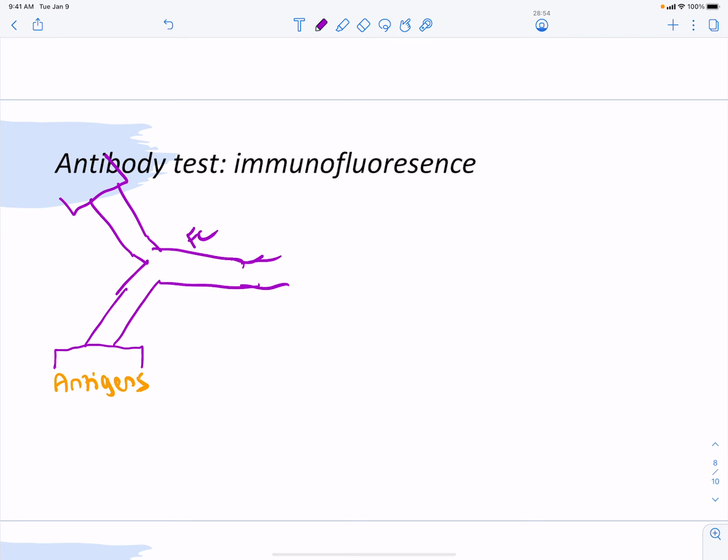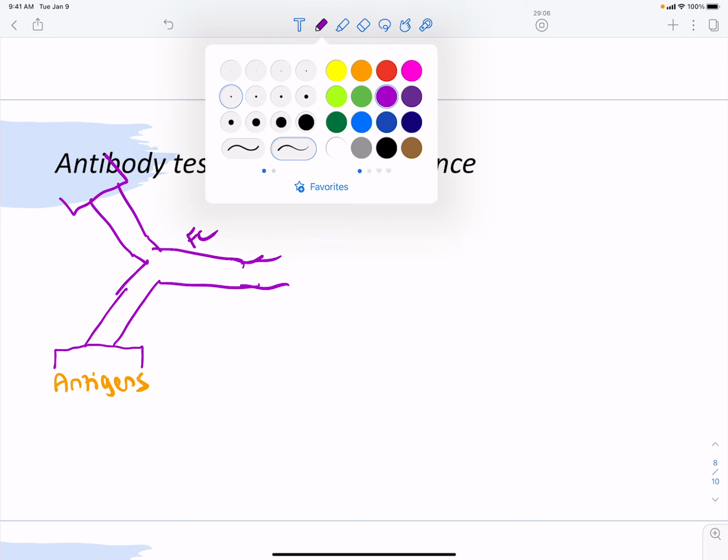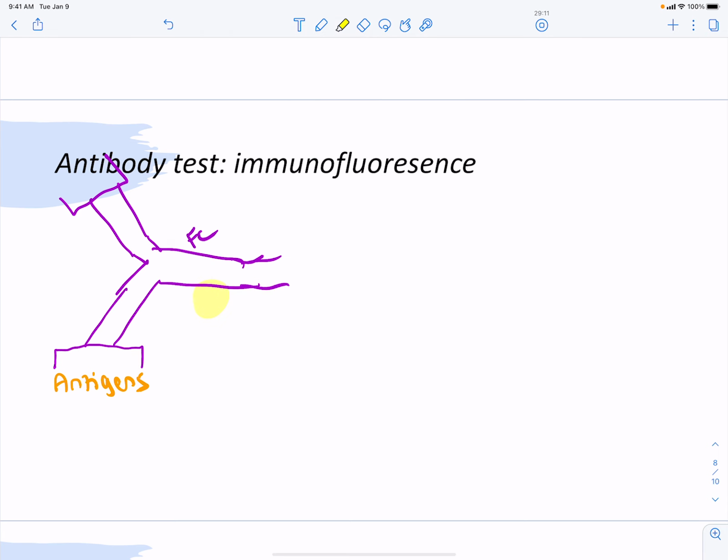Here's our Fc region. And so your antibodies will have been covalently attached to some sort of fluorescent compound, which are called fluorochromes. Now, a fluorochrome can be many different things.